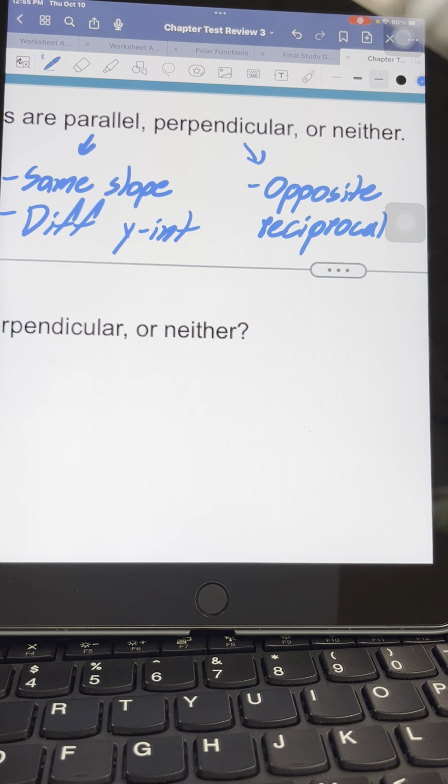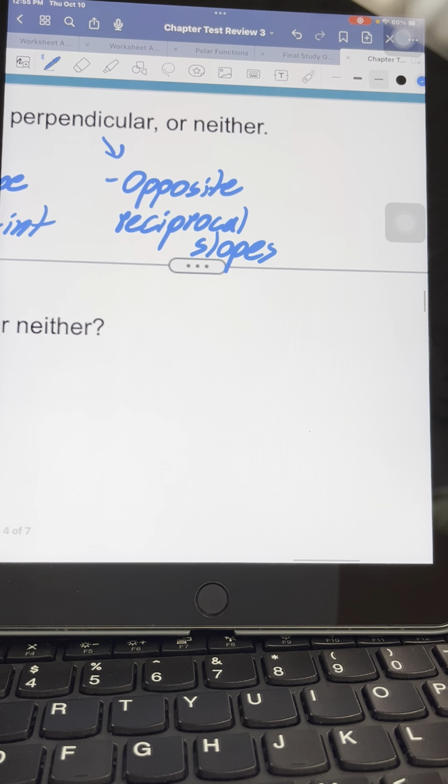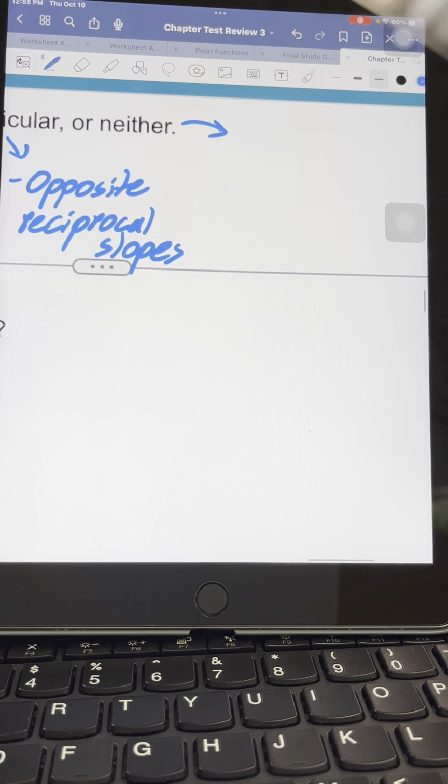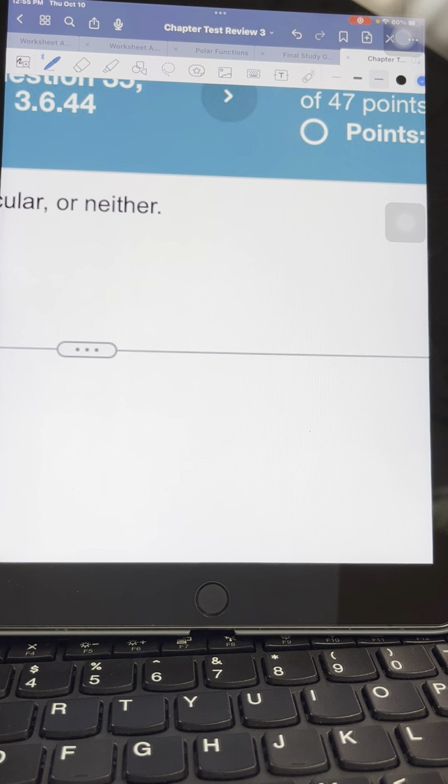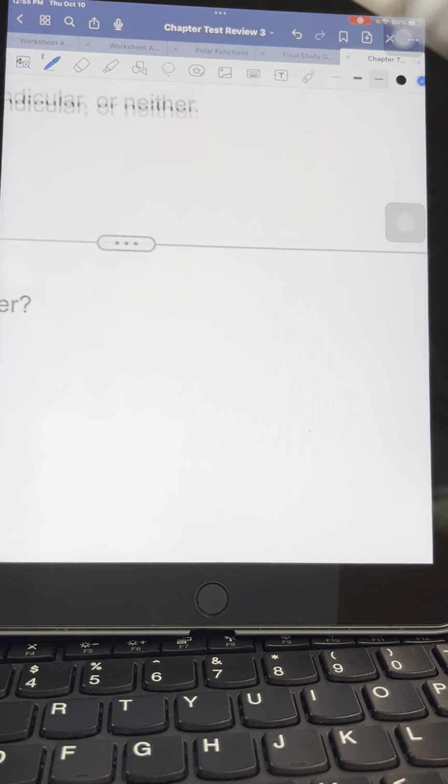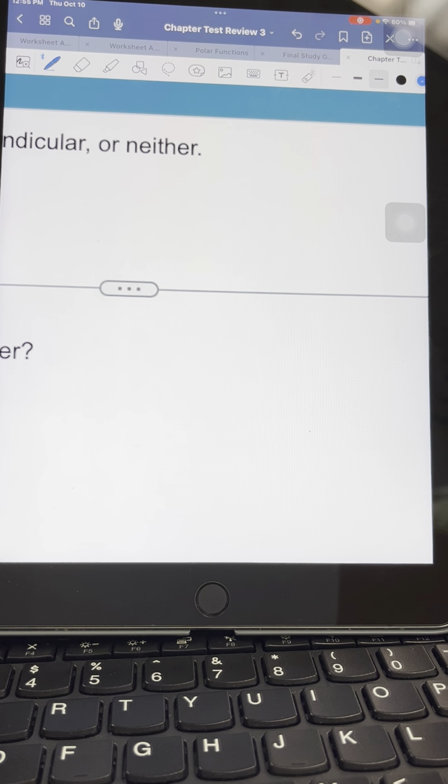And an example of neither would be, why is it doing that? We know an example of neither would be if they have unrelated slopes at all. Like if the slope was 2 and the other one was 3.5, those are not the same and they're not opposite reciprocals.